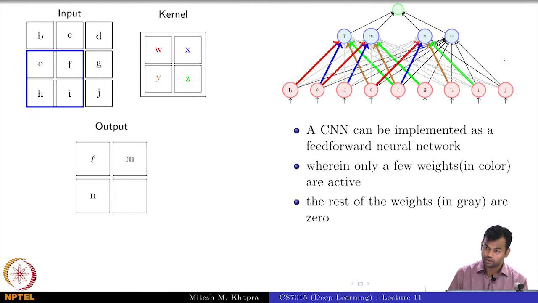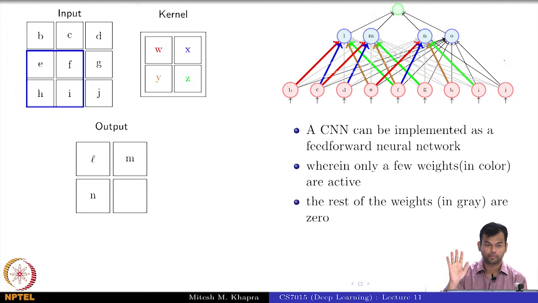In practice, you don't need to worry because you just need to define your forward convolution operations. And people like Google and all who release TensorFlow, Torch and all will do the hard work of doing the backpropagation for you, right? So you never have to write backpropagation in your life apart from what you have already written in the assignment, right? That's why I make you go through that torture once. So now afterwards, whenever you use any of these platforms, PyTorch or Torch or TensorFlow, the backpropagation comes for free.